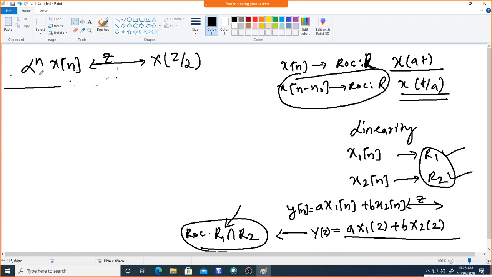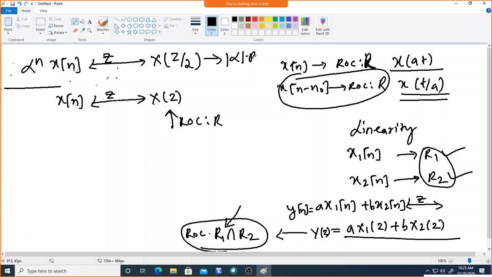Now, if the general x of n signal, which gives x of z, has an ROC R, then for the scaling in the Z domain the ROC will be multiplied by the value alpha. So the ROC will change with the value of alpha. Whatever alpha you take in the time domain, in the Z domain it will be scaled correspondingly and the ROC will change from R to alpha into R.